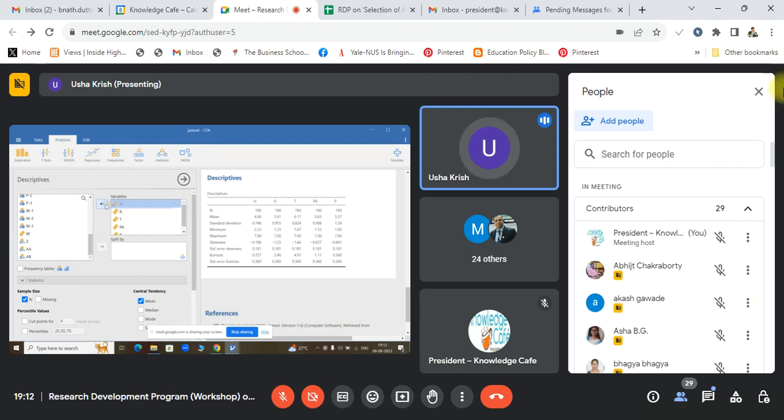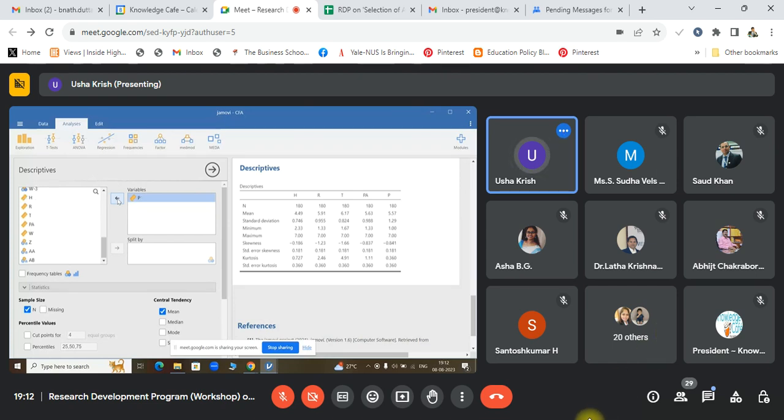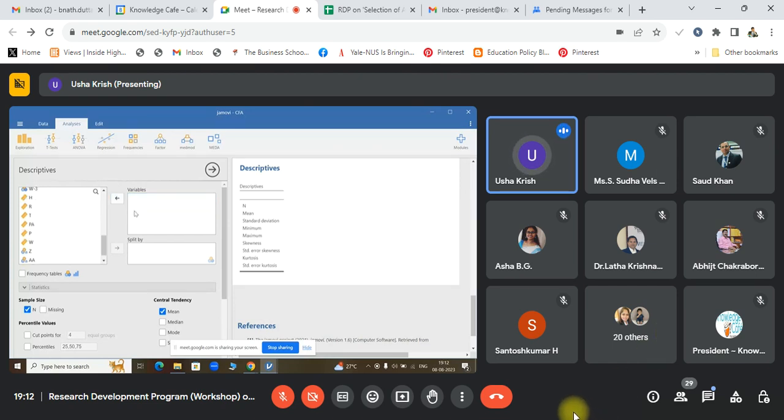If you put it like this and click on this, all the variables that I transferred here go back to their original place. Okay, the next one, let me show you how exploratory factor analysis is done.